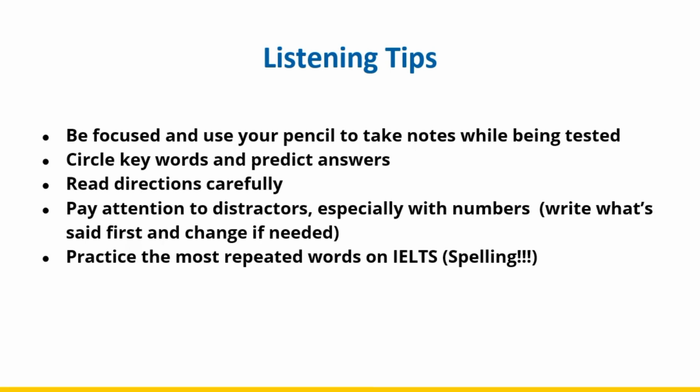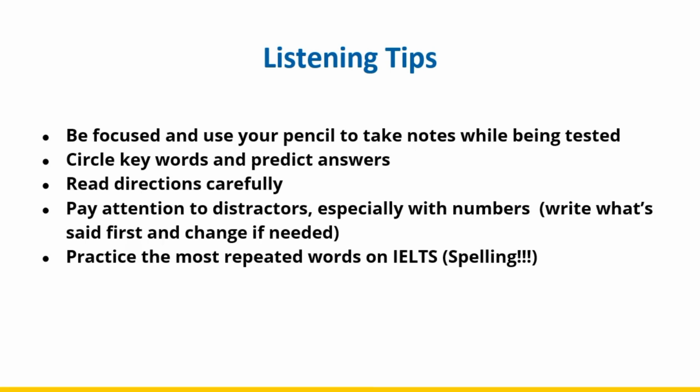Another important point to keep in mind also is paying attention to distractors, especially with numbers. Write what's said first and change if needed. Sometimes the speaker can say one number and then go back and change his mind. So you have to make sure you write down all the numbers you hear and pay attention to which number you need to keep and write down in your answer sheet.